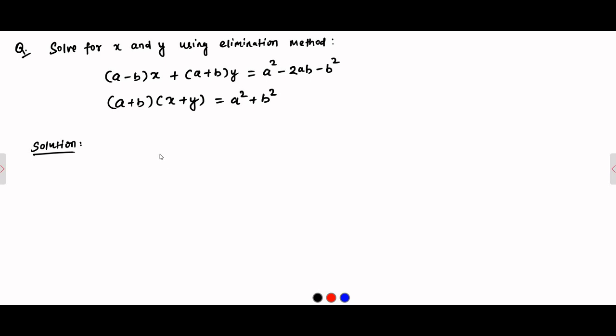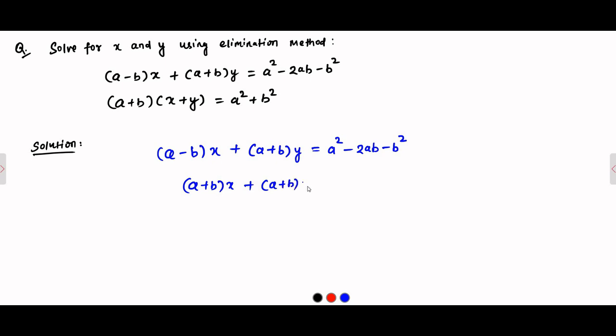So (a - b)x + (a + b)y = a² - 2ab - b², and here we will expand it, (a + b)x + (a + b)y = a² + b².